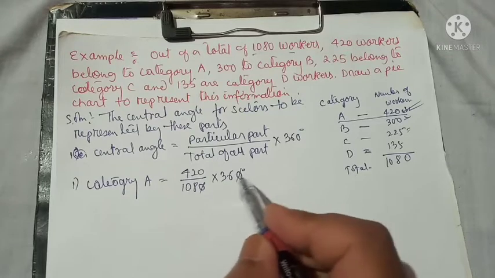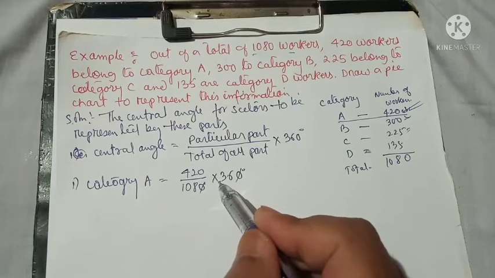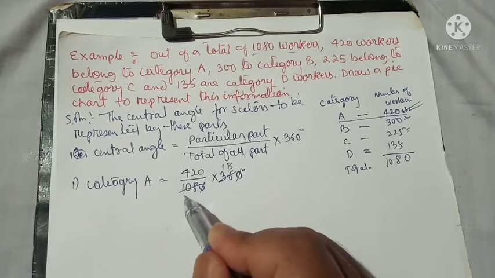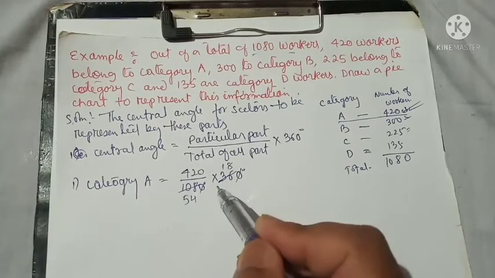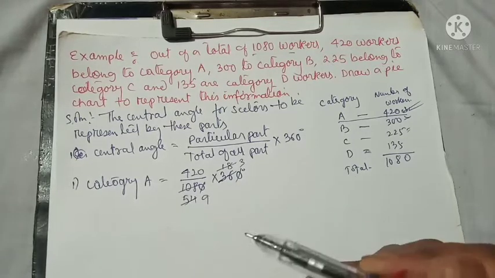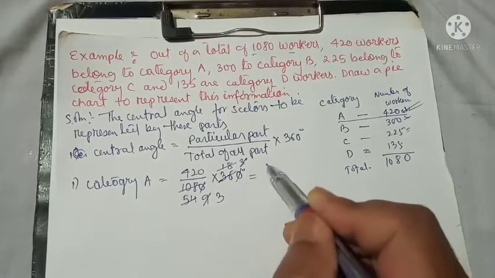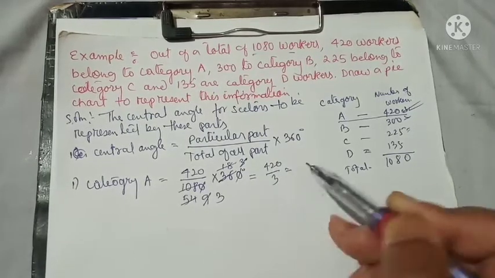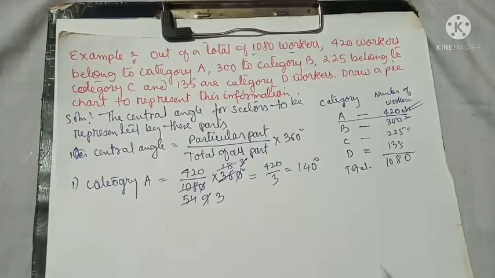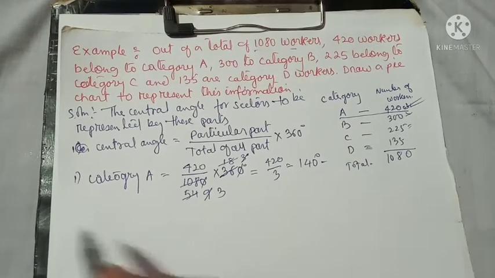If you cut the zeros, this can be divided again by 2, 5, 4, and by 6, and this will again be cut by 3. Now, 420 divided by 3 is 140 degrees. The sector for category A is 140 degrees.